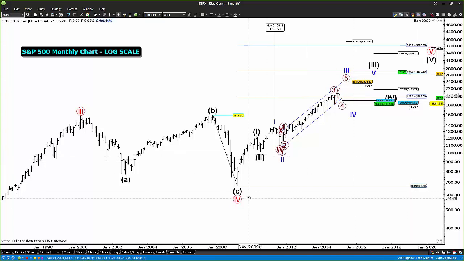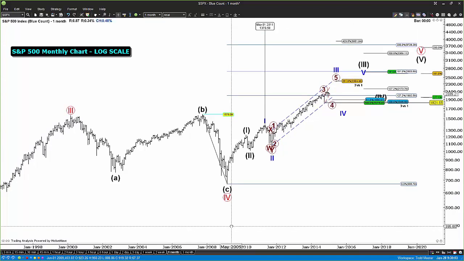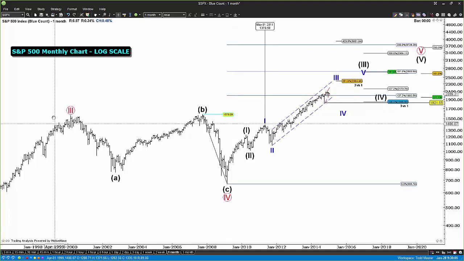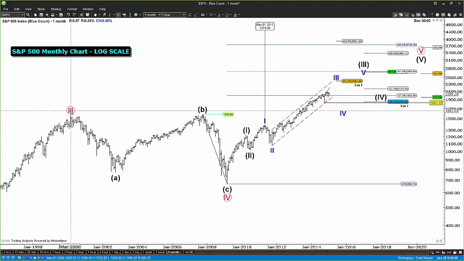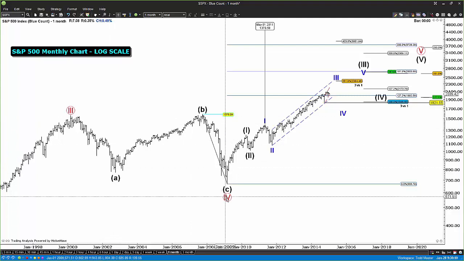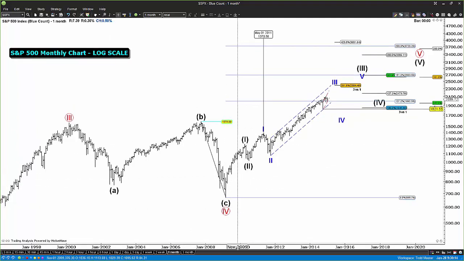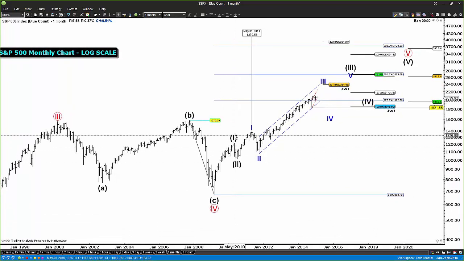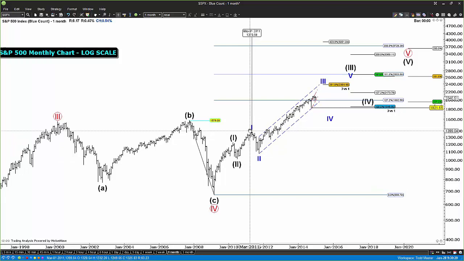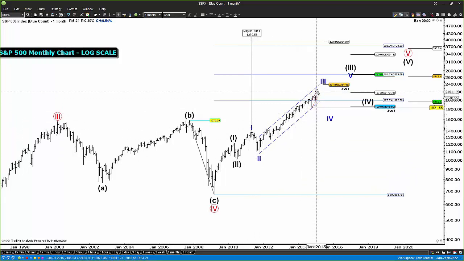Okay, so this is the analysis I'm looking at on the longer term. So the 2000 NASDAQ high was wave 3. We did A, we did B, we did C down into the 666 low in the S&P. And then here's what I'm tracking. I'm still bullish the market. And I think we've just done on the monthly 1-2, small degree 1-2, and we're working towards the end of blue wave 3.